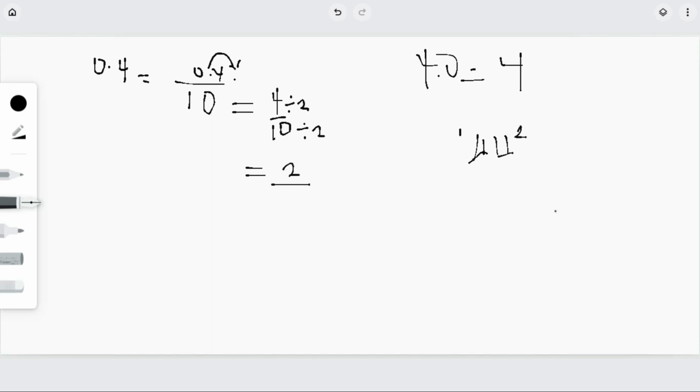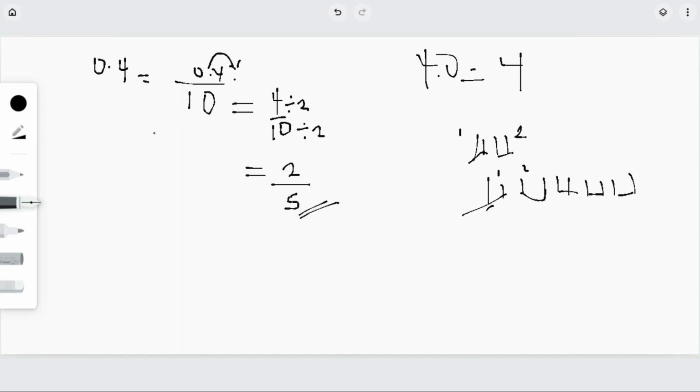The answer is 2. And how many 2s can we see in 10? So you can easily cancel like that. 1, 2, 3, 4, 5, 6, 7, 8, 9, 10. So that's 1, that's 2, 1, 2, 3, 4, 5. So the answer is 5. That means we get 2 over 5. So this is our answer.